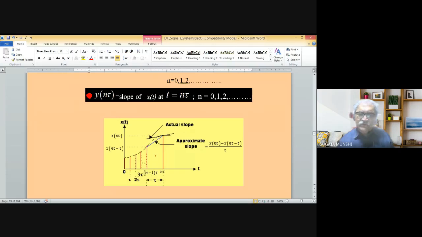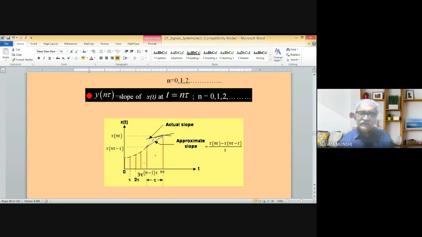But you cannot obtain the slope value exactly because you have no knowledge of the analog signal. The information available to the discrete time differentiator is simply the sample values that have already occurred and the knowledge of tau. So the digital processor will approximate the slope by the slope of the blue straight line that I have considered here.